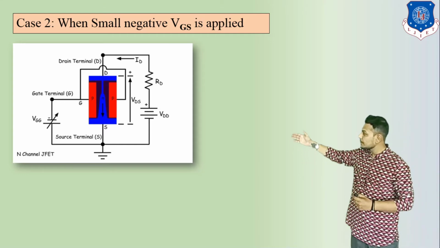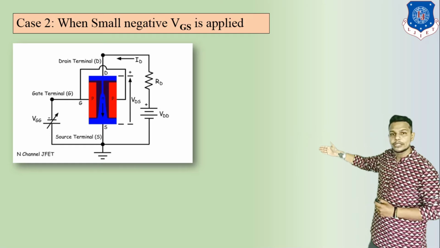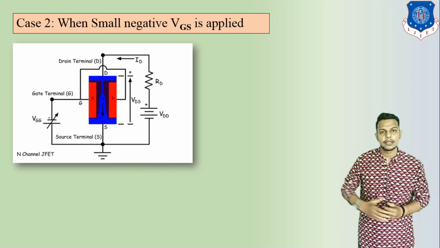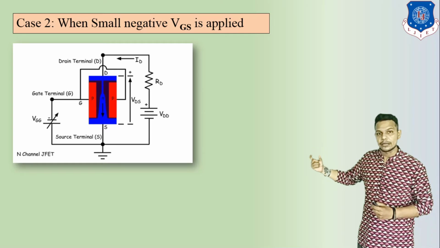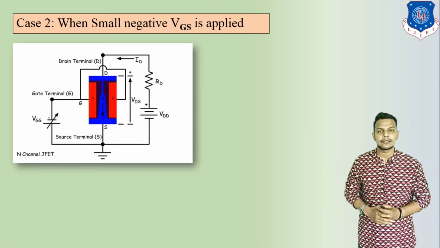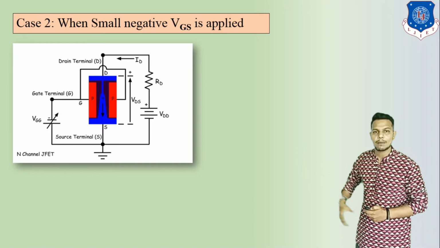Clearly visible here, it is P-type material which is directly connected to the battery's negative terminal. Remember, P-type and battery's negative, that means N. P and N are dissimilar, that means it is in reverse bias. So here we should connect it in reverse bias condition.